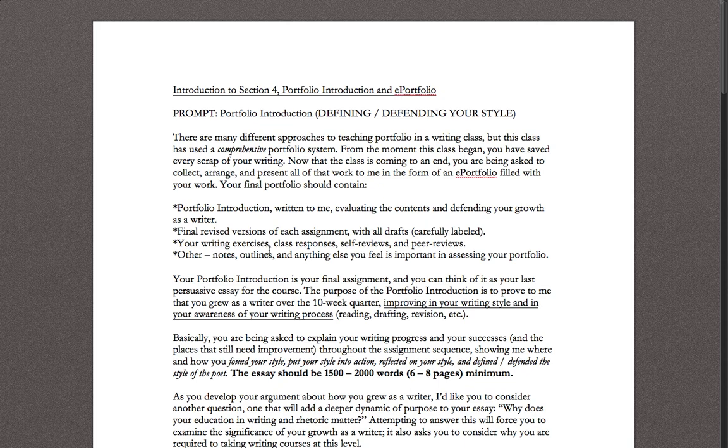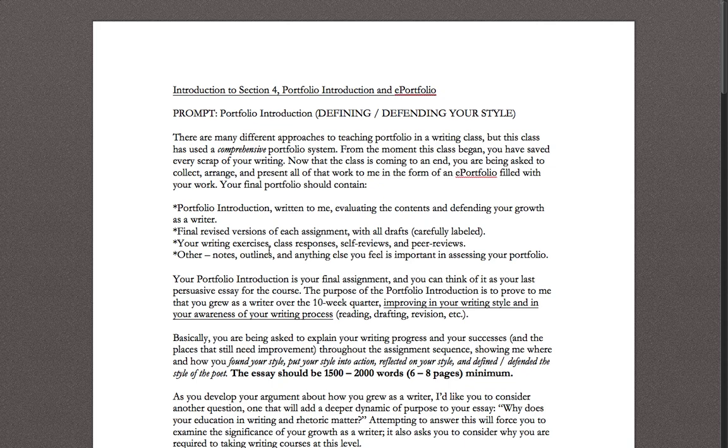And then you have the 2 drafts before that as well, and they'd all be carefully labeled and organized for me to view. If you did a 4th draft of the In Defense of Essay, as many of you said, you would include that as your final revised version and the 3 previous drafts that came before that. Same thing with the style portfolio. If you did any revisions, you're including the final version plus the rough draft versions.